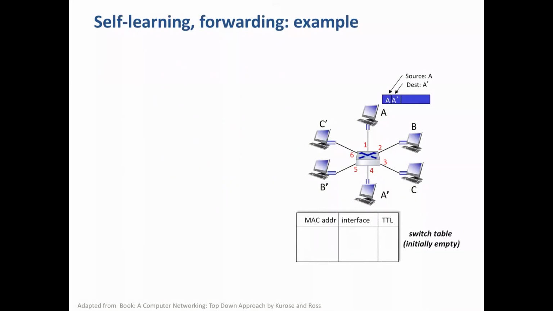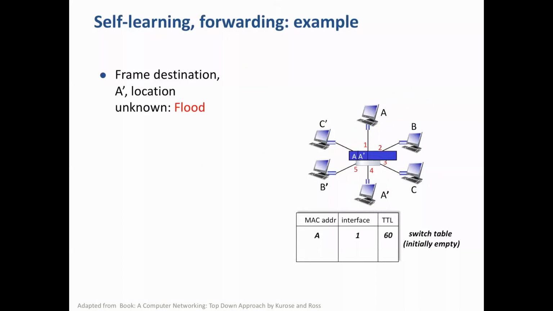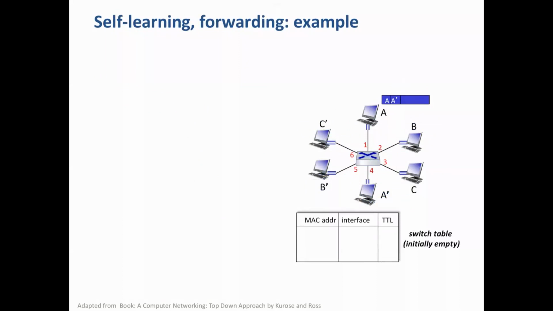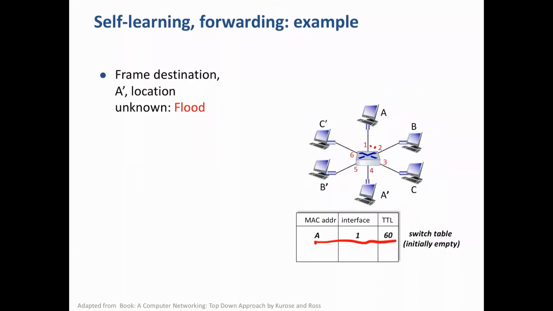Okay, I will repeat. Initially, as soon as this comes here, it will come to know about this relationship, but it doesn't know where A dash is. It will look at A dash, then it will flood, it goes everywhere. Now A dash will receive it, C and B and all others will discard the packet.